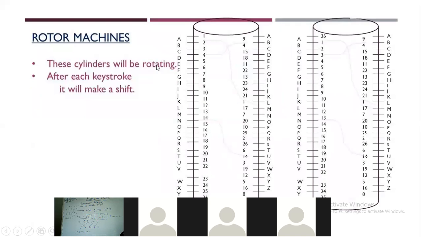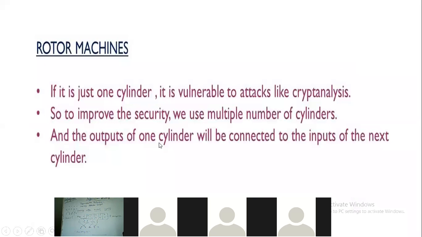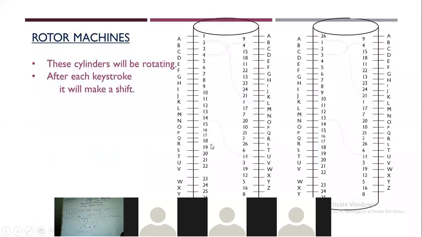These cylinders will be rotating after each keystroke. They make a shift, rotating downwards. If I press A, it rotates downward by one shift. Let us suppose I press A; in the next stage, A is labeled with 26.